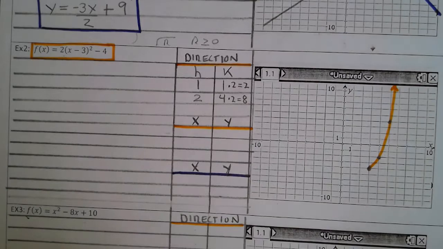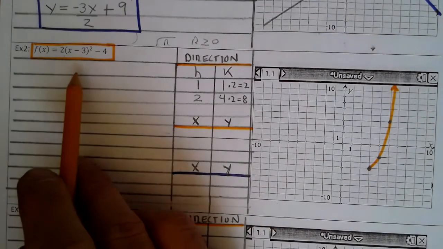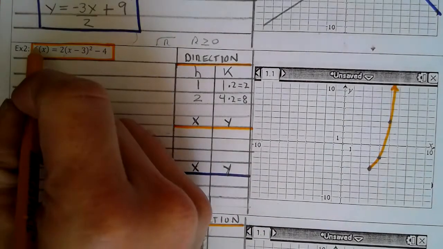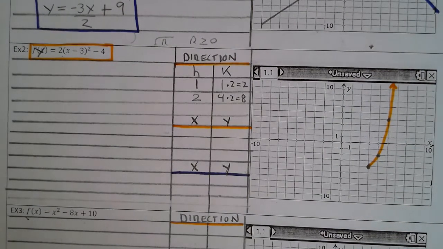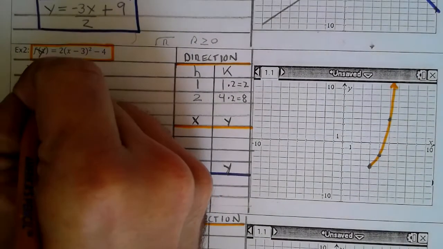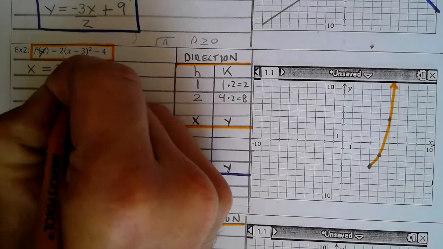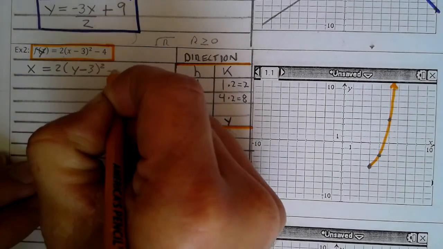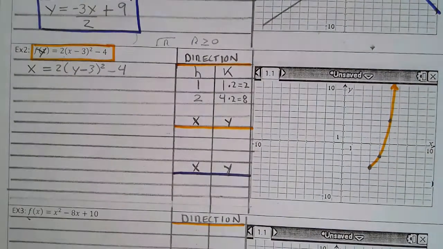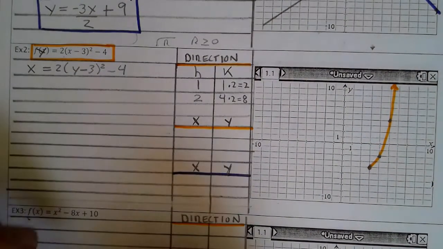All right, so now we need to find the inverse, okay? Now we know f of x is y. So then we switch x and y. So x equals 2 times y minus 3 squared minus 4. So our next step is we add 4 to both sides.